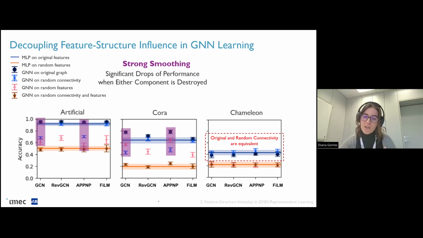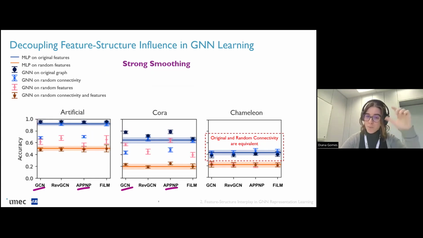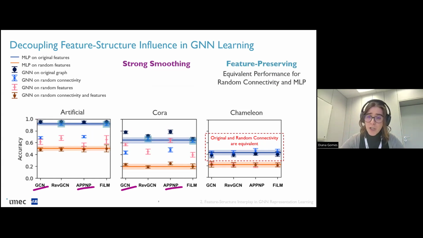But we also found evidence of two strong flavors of models here. One of which is the models that have a strong smoothing bias, where we identify significant drops of performance every time that we destroy each of the components. But we found yet another flavor, which are these models that are rather feature preserving.